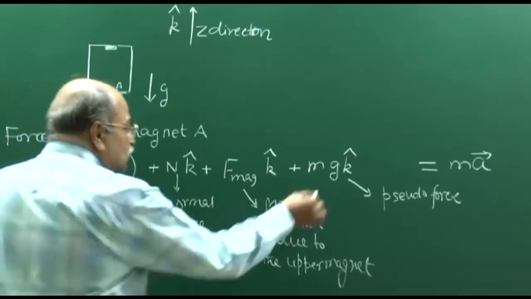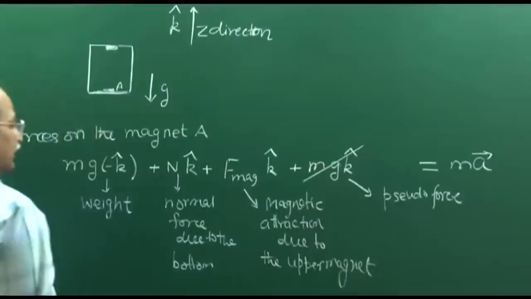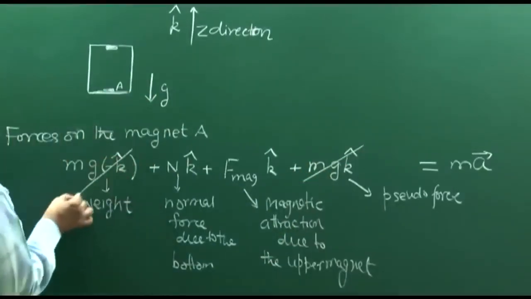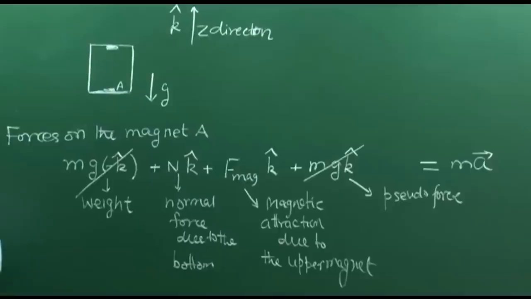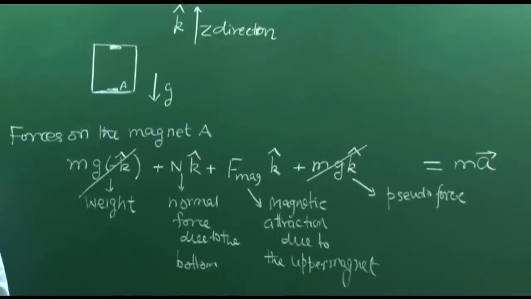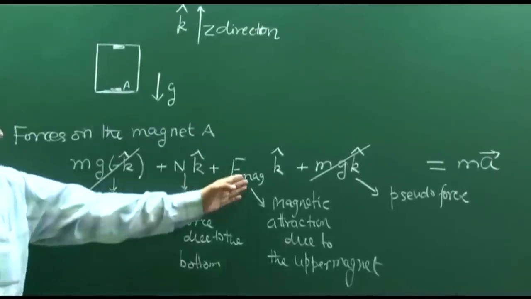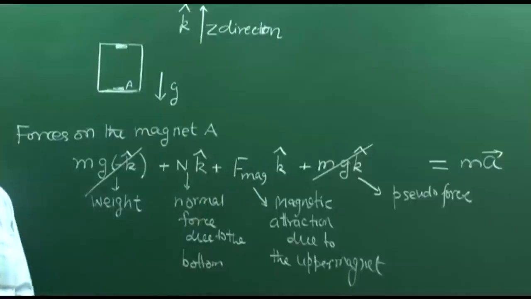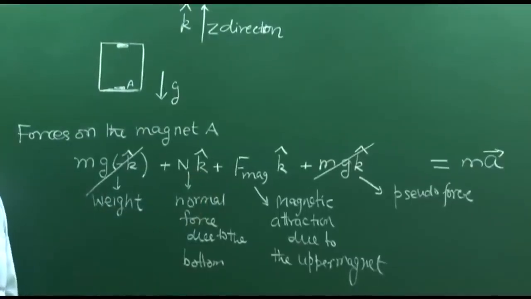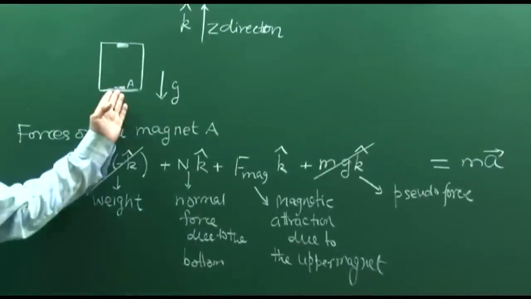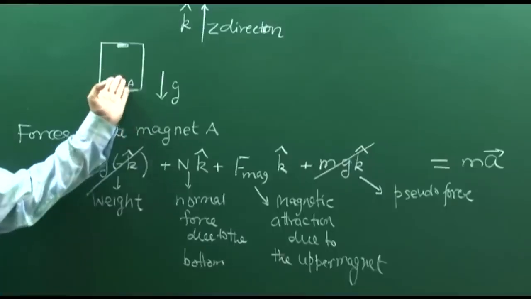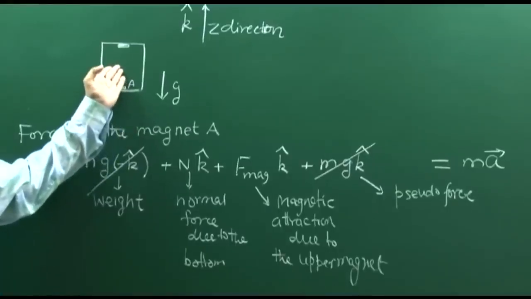Now, you can see that the pseudo force in this case cancels with the weight, and then you have only these forces, normal force and magnetic force, and both are upward, and therefore, this magnet should accelerate in upward direction.